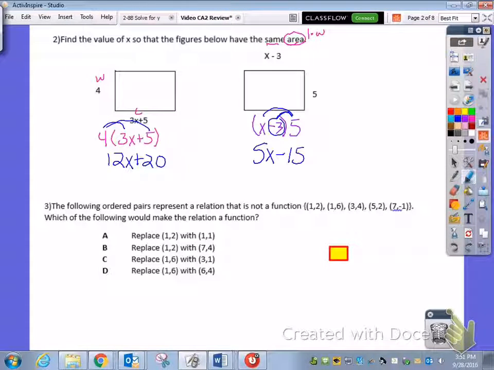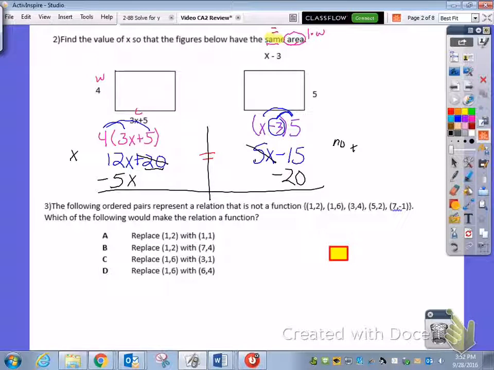Then it says they want them to be the same, and remember, same means equal, so I put an equal sign in between. Now I'm going to solve, and I want the x's on the left and no x's on the right. So I move this 20 and it becomes negative 20. I move this 5x to join the x's, so that becomes minus 5x.